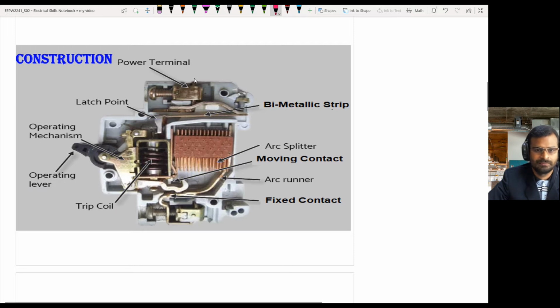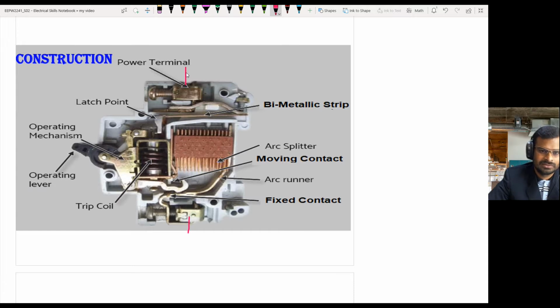You can see there are terminals to connect the input and output. This is the connection from the RCD, and from here it goes to the control switches and to that particular load. So we can say this is our input side and this is our output side.